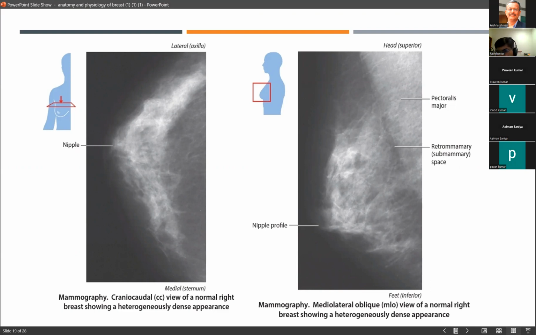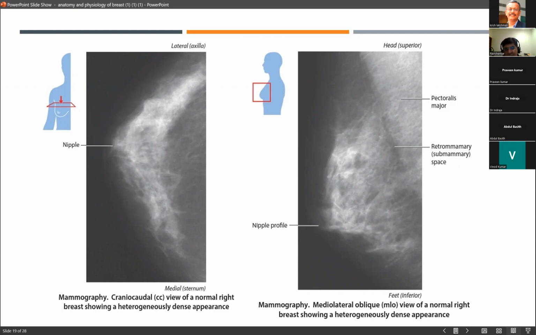Nothing to add, sir. So all of you are clear about the anatomy so far. Any questions? Nothing really. Are you touching on embryology later? Yeah, embryology will come later. Okay, that's fine.